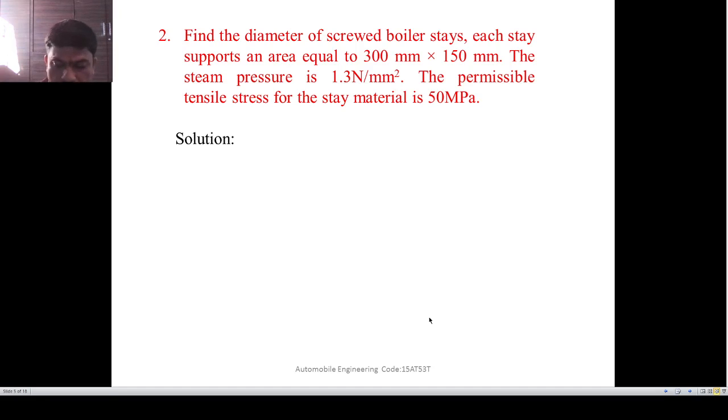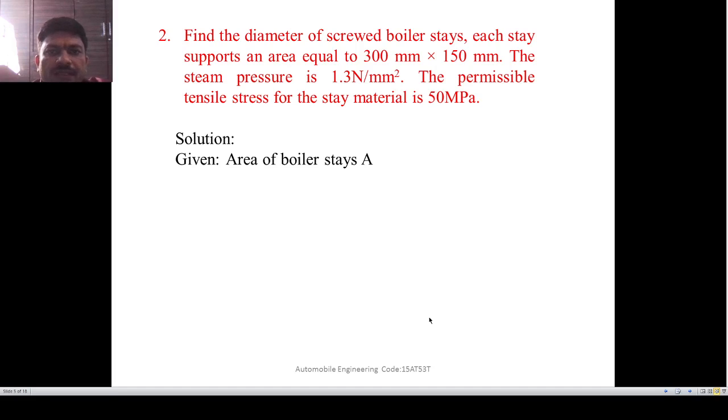First of all you have to write down the given data. Find the diameter of a screwed boiler stay, that is, the nominal diameter of the bolt. Here also a stay supports an area equal to 300 mm by 150 mm, that is the area of the boiler stay.